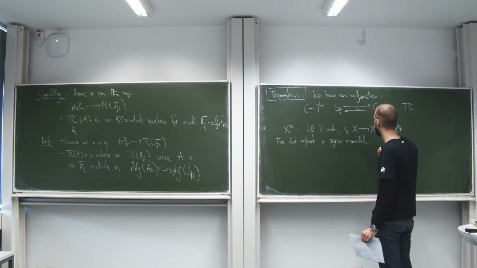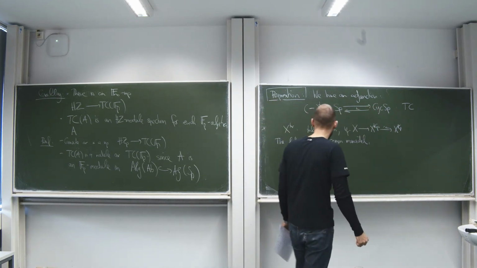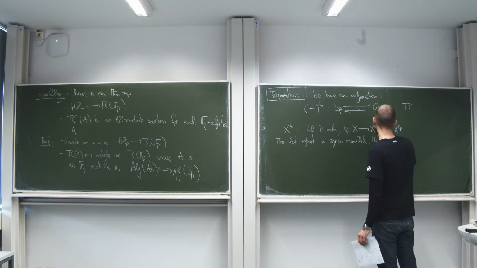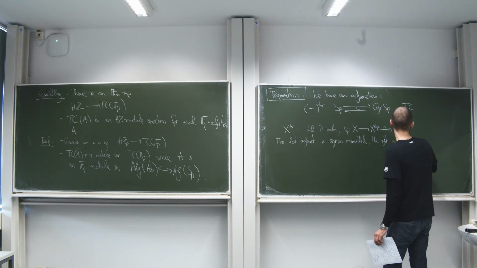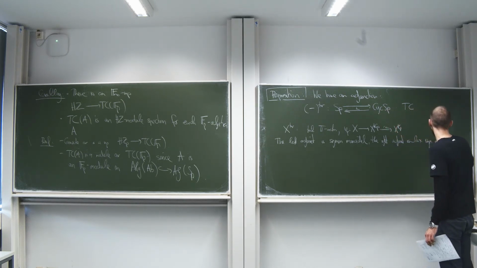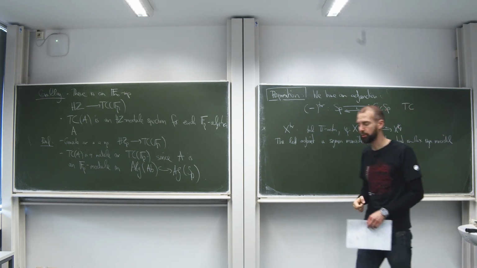In general, it's true that the right adjoint of a symmetric monoidal functor is lax symmetric monoidal. But we already know that TC is lax symmetric monoidal, so this gives another proof of that fact.